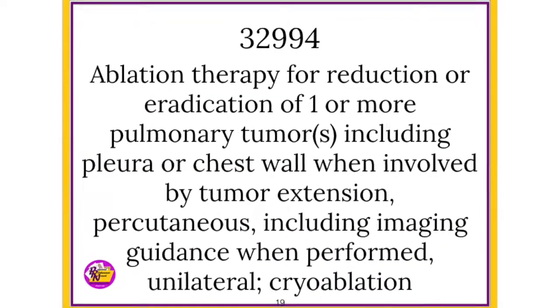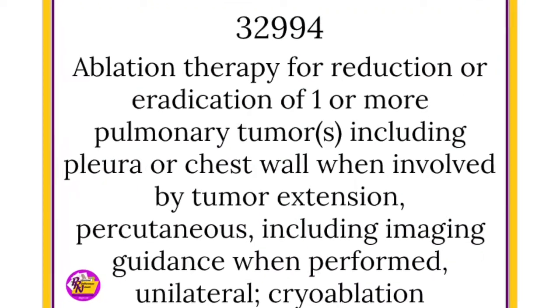An instructional parenthetical note regarding the appropriate reporting of this procedure has been included. Code 32994 has been established to allow the appropriate reporting of ablation of pulmonary tumors using cryoablation.